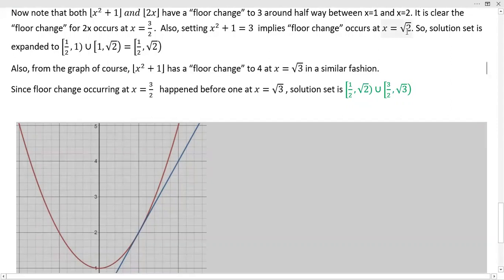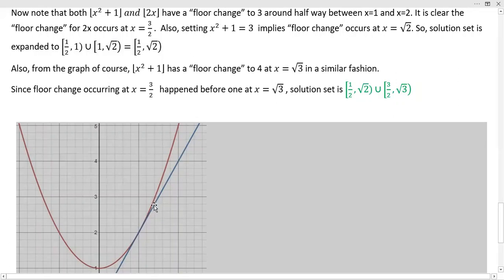All right. Now, what that means is that we have to add closed 1, open √2 to the set that we already found. The reason is again pretty straightforward. If you take a look here, they shared the same floor all the way up until the time the red graph got to the √2 point, right?